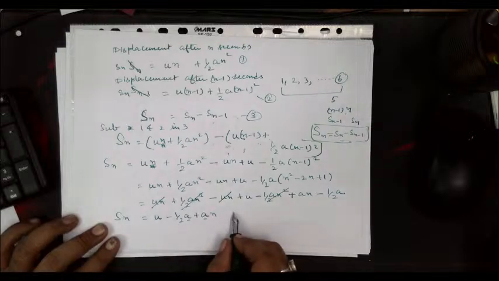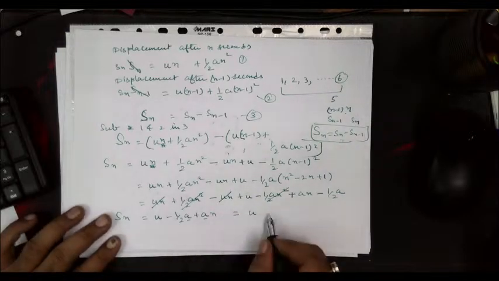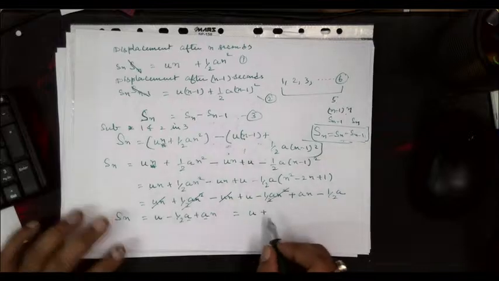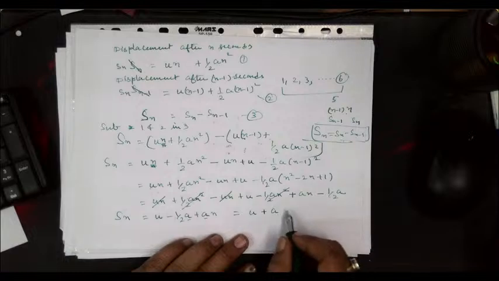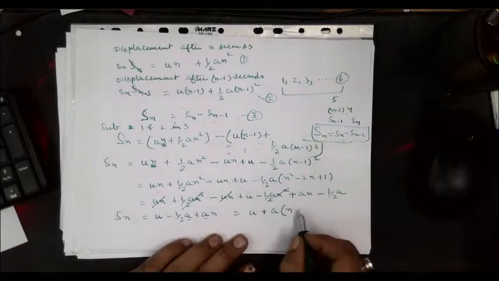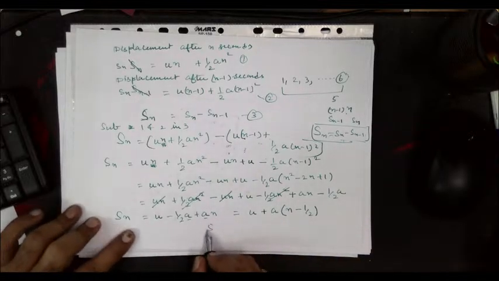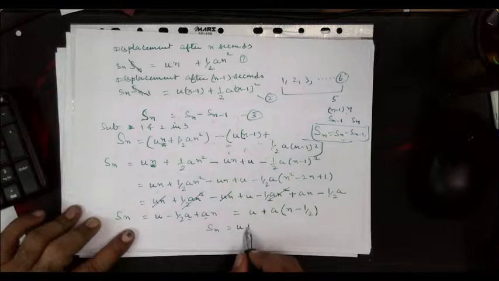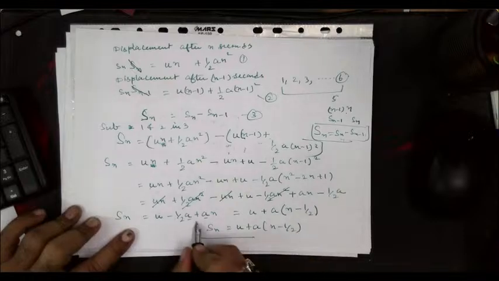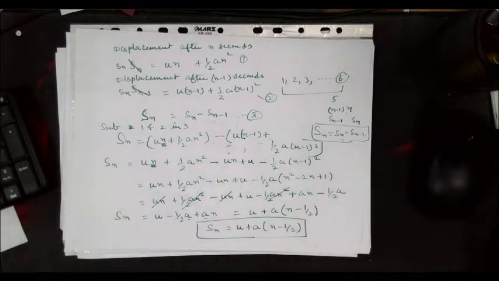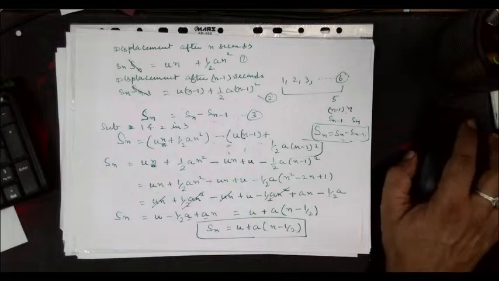So therefore u plus a can be taken outside the bracket, and n you can bring it here, so minus half. Therefore sn is equal to u plus a into (n minus half). So this is the nth second displacement, the displacement that takes place in the nth second. Okay. Got it? Any doubt?